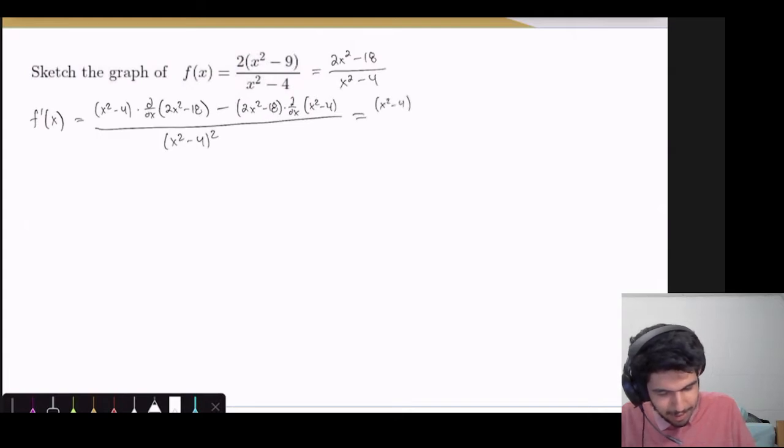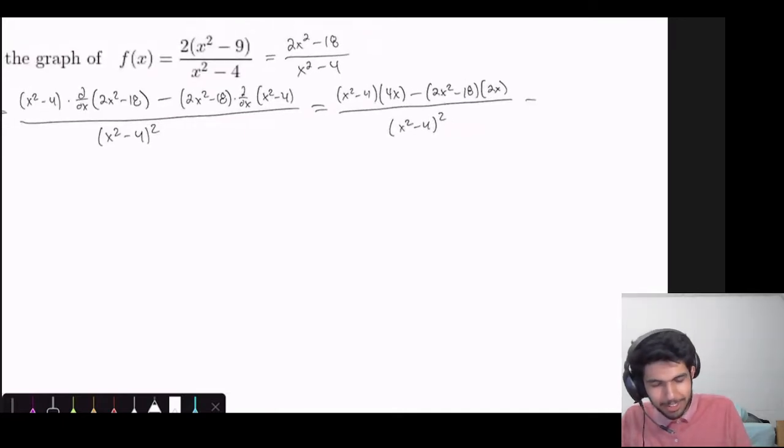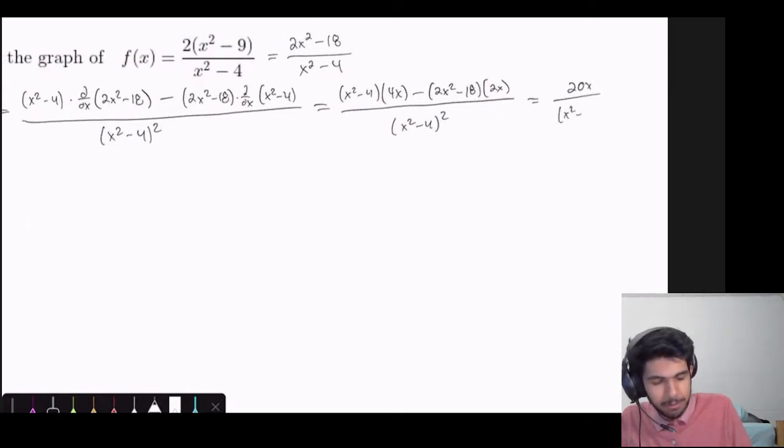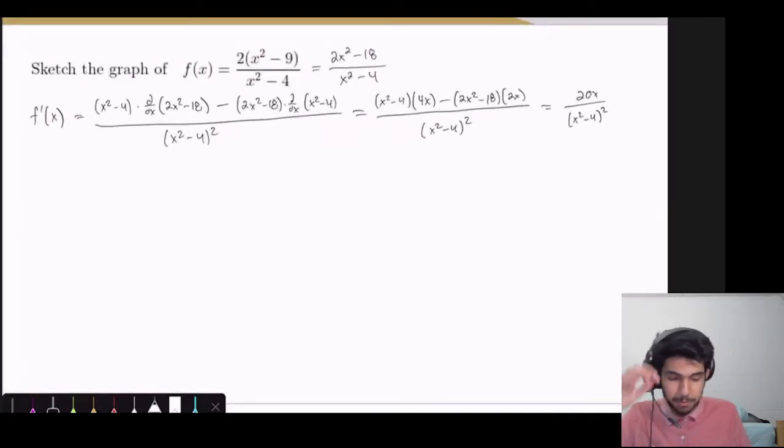X squared minus 4, derivative of 2x squared minus 18 is 4x, minus 2x squared minus 18, derivative of x squared minus 4 is 2x. All of this divided by x squared minus 4 quantity squared. Beautiful. And you can do the algebra, but I'll save us some time. And this should hopefully get 20x over x squared minus 4 quantity squared. So that's our first derivative, which will be helpful soon.